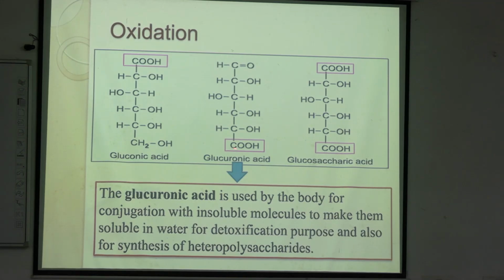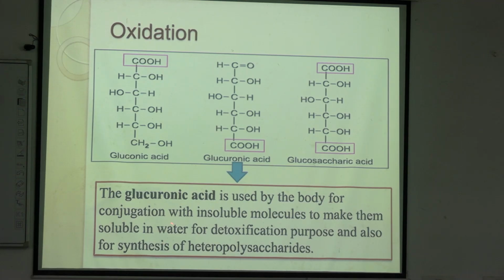So here the C6 will be converted into acid group. By strong oxidation, by strong oxidizing agent, both the groups will be converted into acid groups, and this is known as glucosaccharic acid. Among all these three, glucuronic acid is very important in our body because it helps in conjugation of insoluble molecules and their transport.